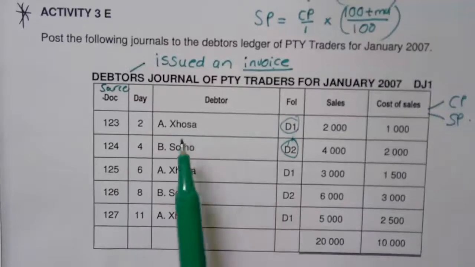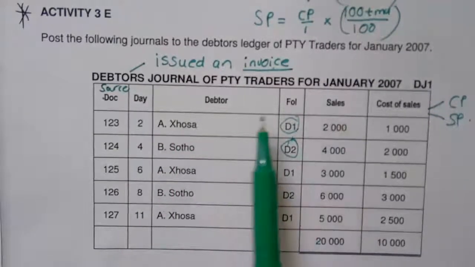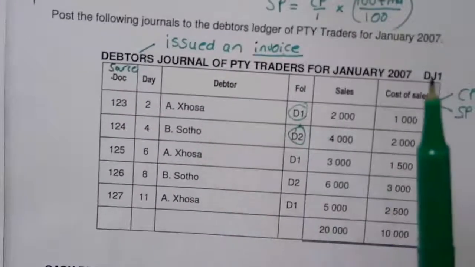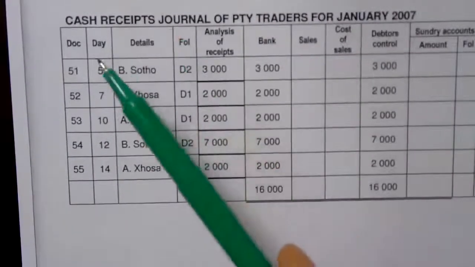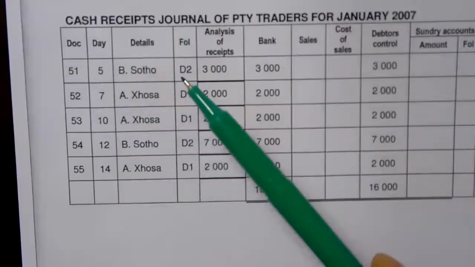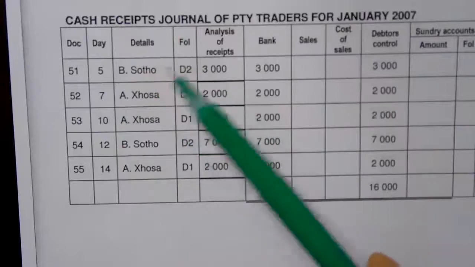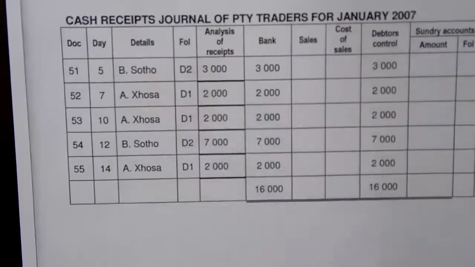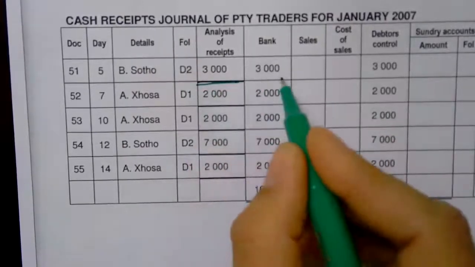Now, what do we do when this person pays us the money they owe us back, or they pay a portion of this money back? Then obviously you receive money, so you write it in the cash receipts journal. You write the day, the receipt number, the debtor, and the code of the debtor. Is it debtor 1? Is it debtor 2? Then you write the amount you received from him. If it's the last amount you receive for the day, you draw a line and you take it to the bank.